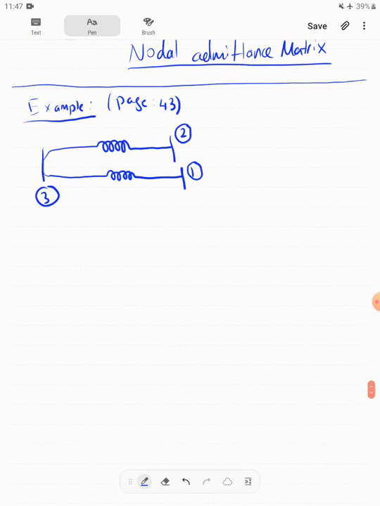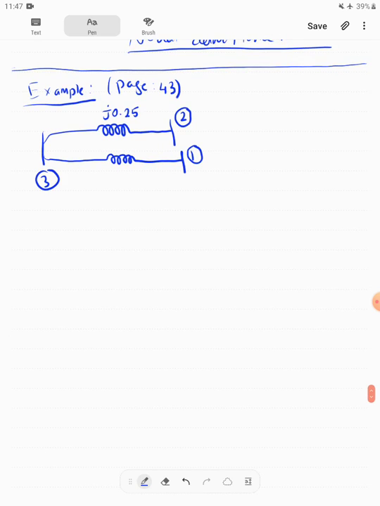J0.25 is the impedance of the first transmission line, while the same J0.25 is the impedance of the second transmission line.